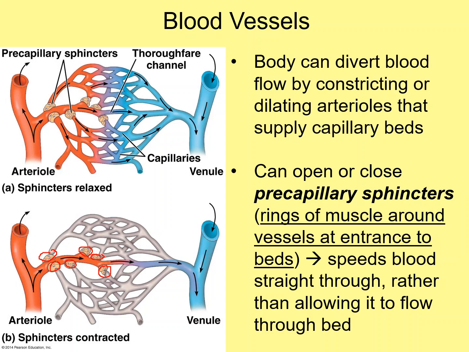You only have so much blood. If you tried to open up basically all of the arterioles everywhere to increase the volume of blood going through that particular area, that would actually drop your blood pressure across the board, and that's not something we can live with. If your blood pressure drops below a particular threshold, you're not getting enough blood supply to your brain and you pass out, so it's very not good.